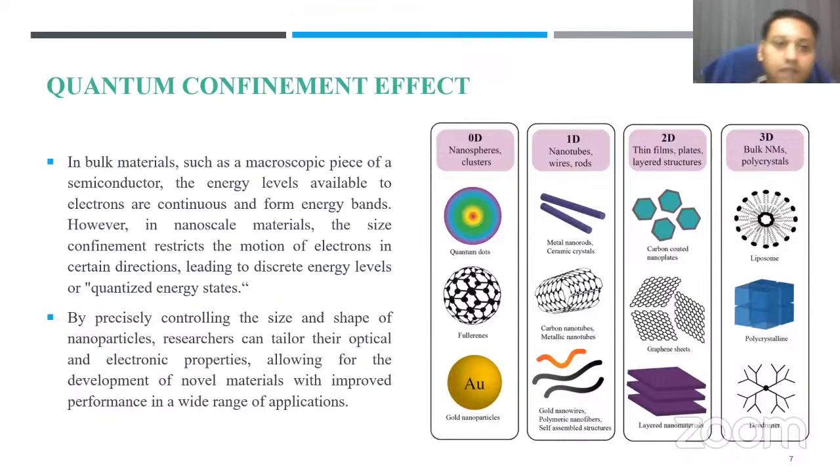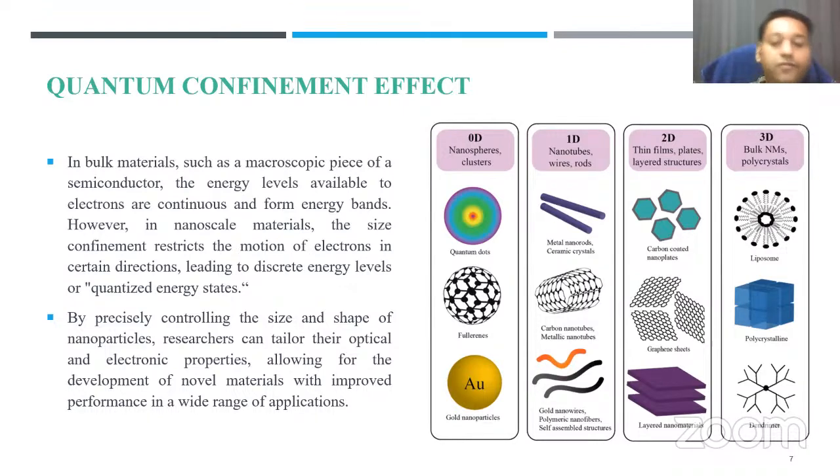Quantum confinement means the confinement or restriction of movement in different dimensions. Here we talk about 0D, 1D, 2D, and 3D quantum confinement, and what it leads to in terms of properties.